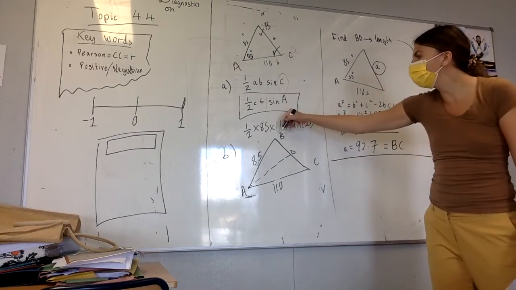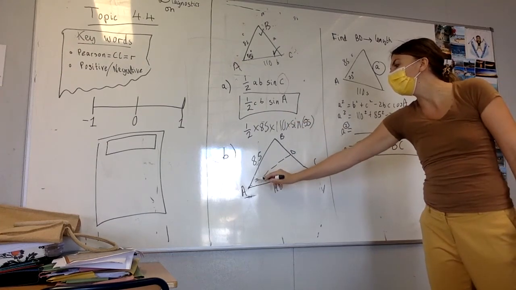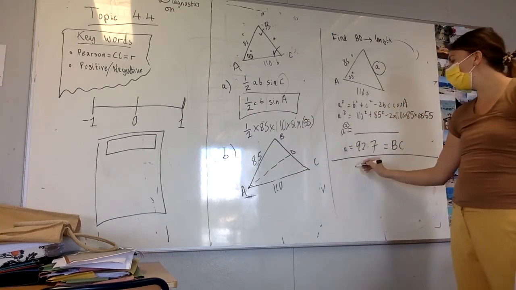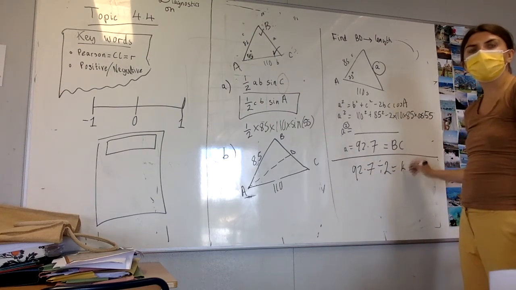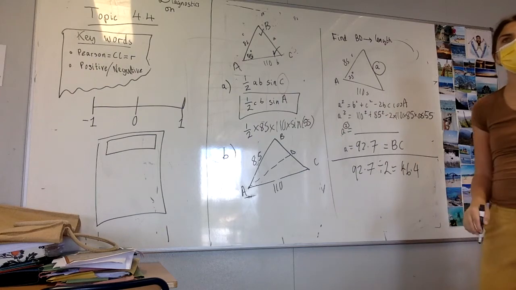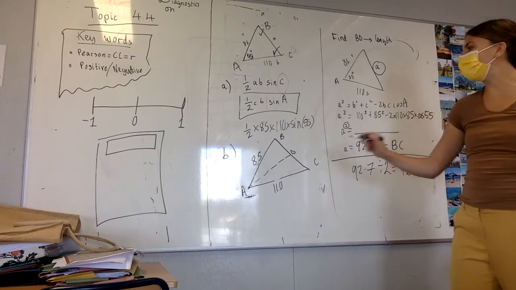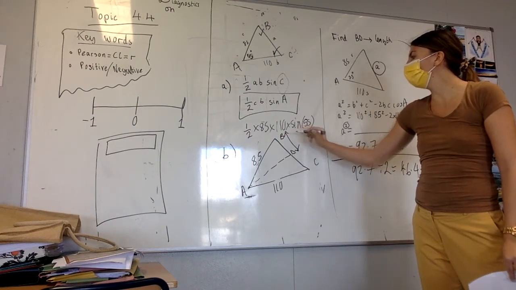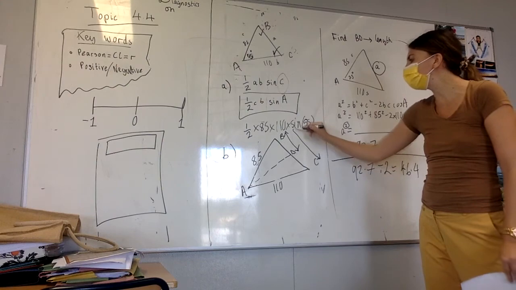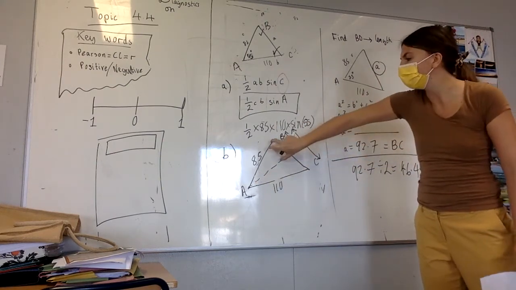But we want to find halfway through, and the reason why it's halfway through is because this line cuts the triangle in two. So all you do is you take the 92.7, you divide it by 2, and that's 46.4. Yeah, but that's the middle part, that's not the length. The question's asking you what is the length from B to D. So what we've done is we've worked out BC, and then we've just halved it because this line's cutting this bit in half.